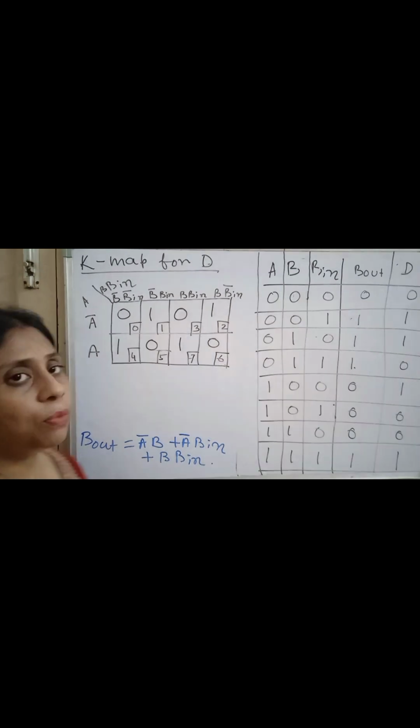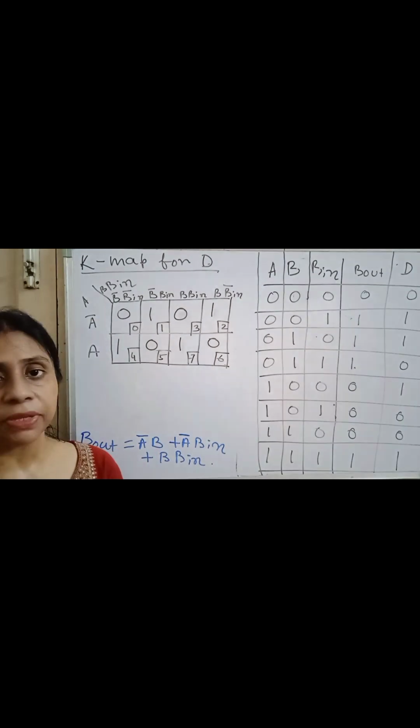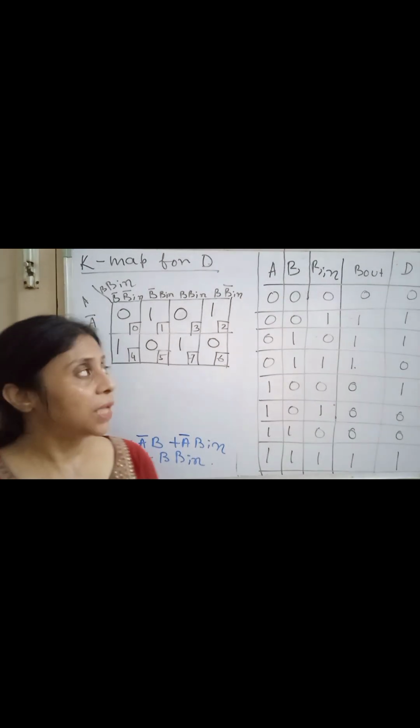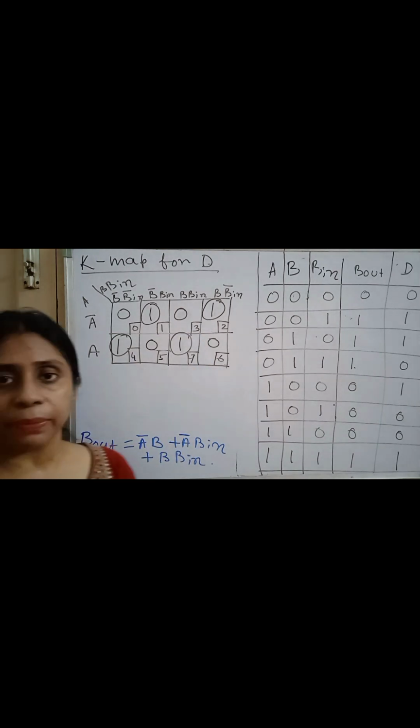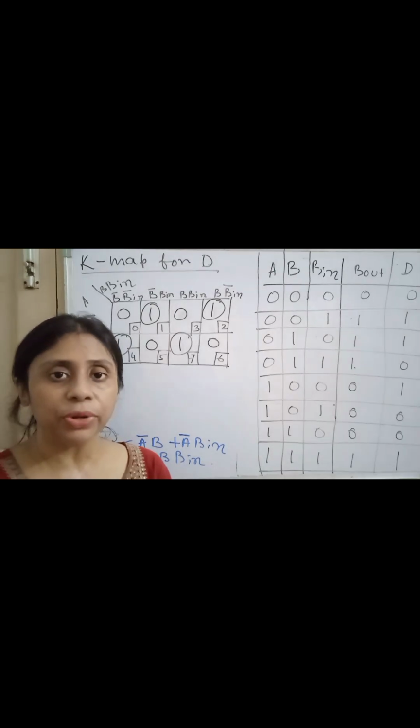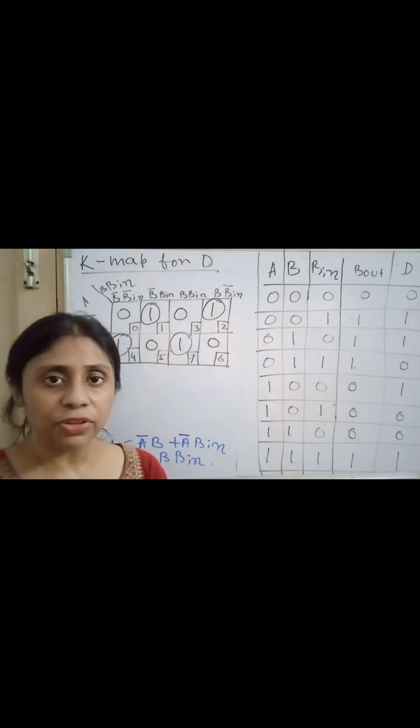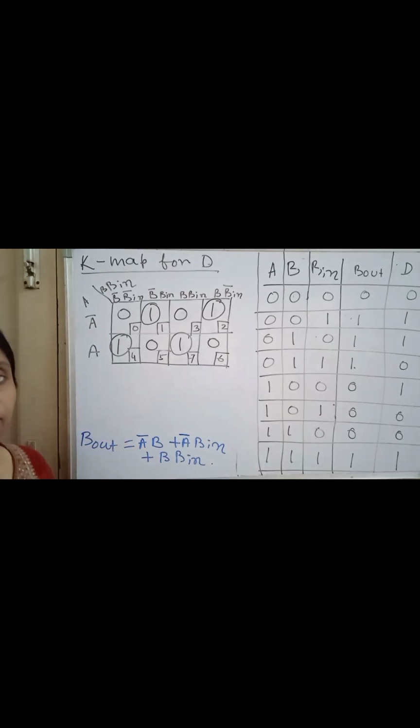Now, what is the next step? The next step is to do the grouping. So see, in this case, all these ones are distinct. So we cannot group them. Okay. So we need to write down the output expression for each individual one, and we then have to add them up. So what is the expression for D?